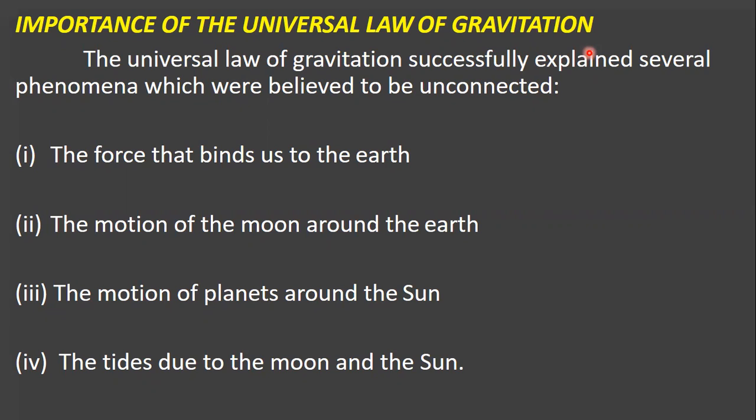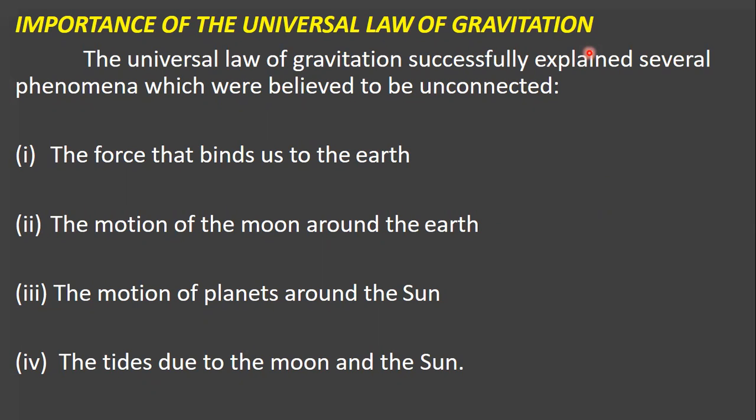The confusion is caused because it also takes the same period to orbit the earth, so that it keeps the same side facing us. That is the motion of the moon around the earth. This was explained through the universal law of gravitation.